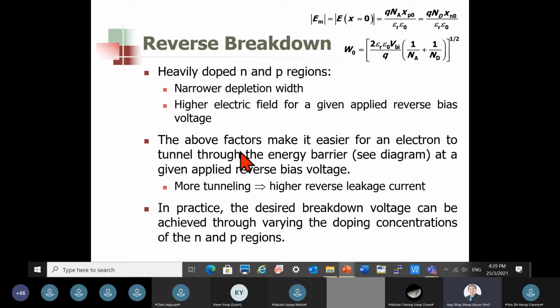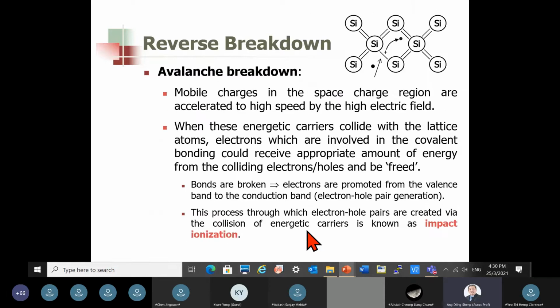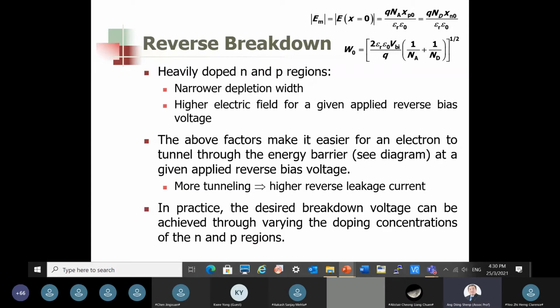Okay, so by doping the N and the P side heavily, it would make it easier for an electron to tunnel through the energy barrier. Okay, so when more quantum mechanical tunneling happens, a higher reverse leakage current can be obtained. Okay, so as mentioned, in practice, the desired breakdown voltage can be adjusted by varying the doping concentration of the P and N region. All right, so that's the concept behind Zener breakdown.